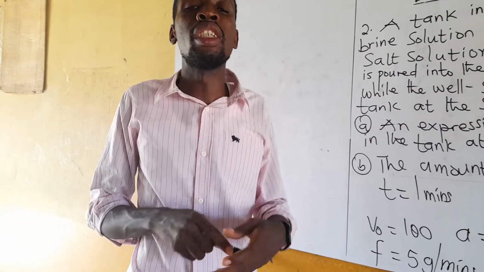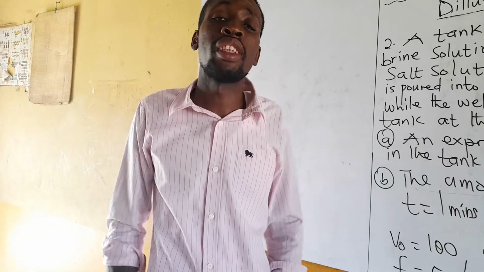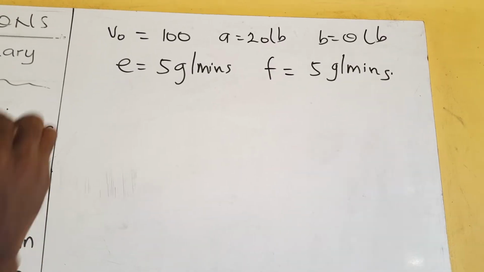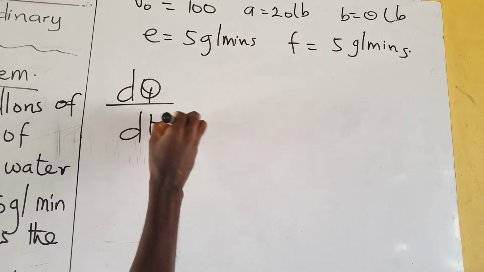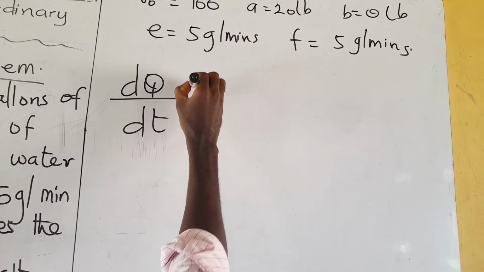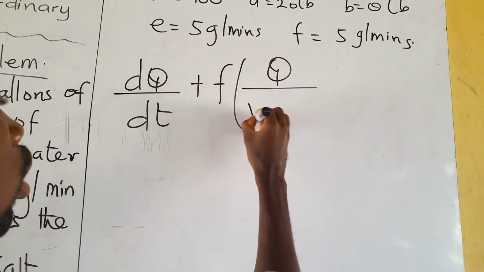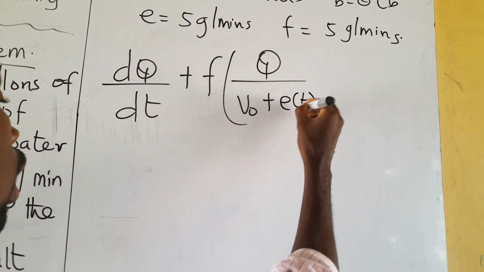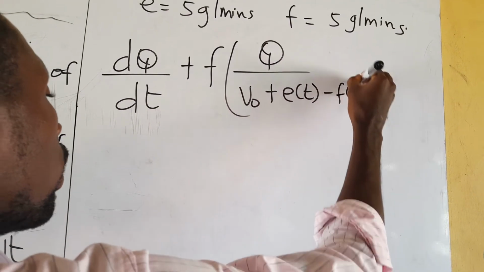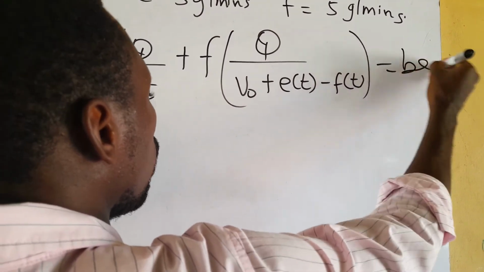We will determine which first order ordinary differential equation we use to solve it. So we said that the quantity of salt in the tank at any point in time, that's dQ over dt, plus F times Q over V naught, plus E at any point in time minus F at any point in time, will be equal to B times E, if you remember very well.